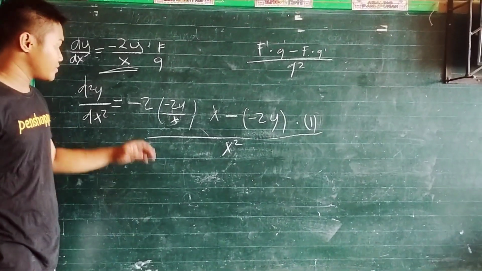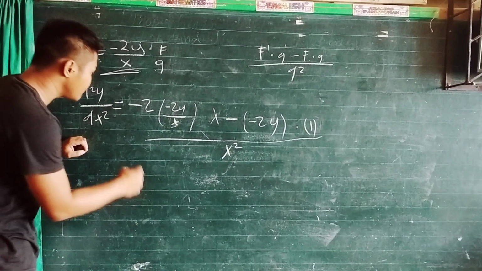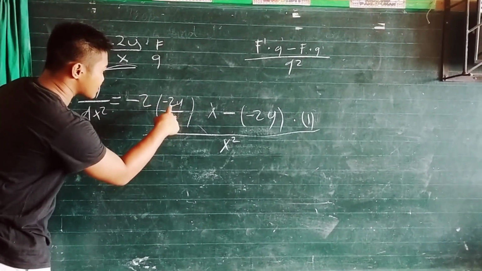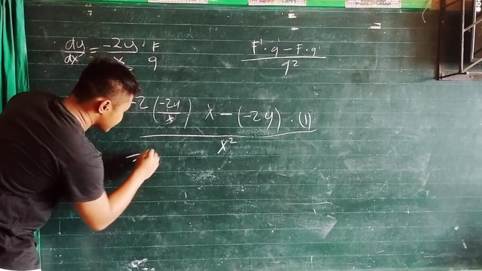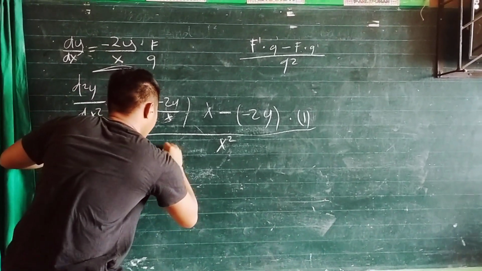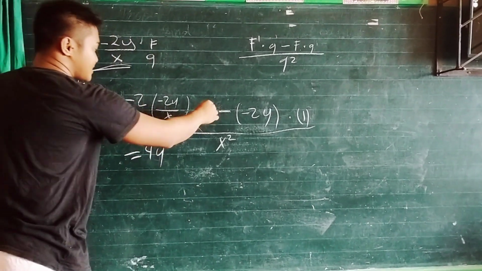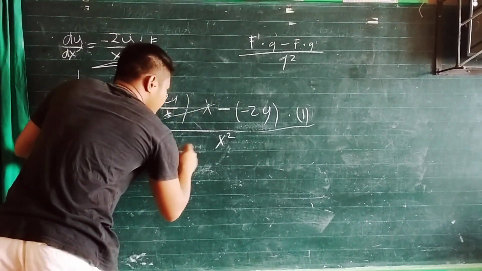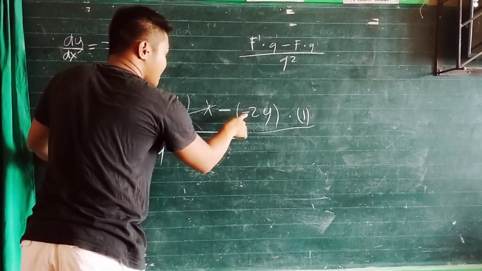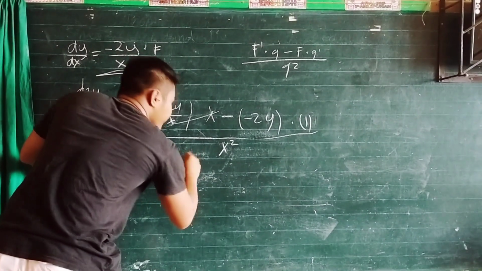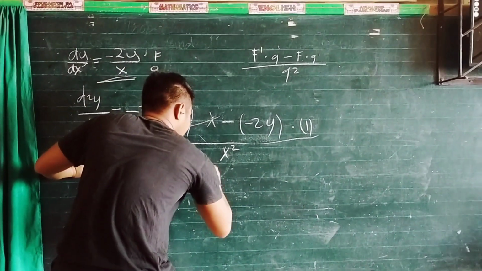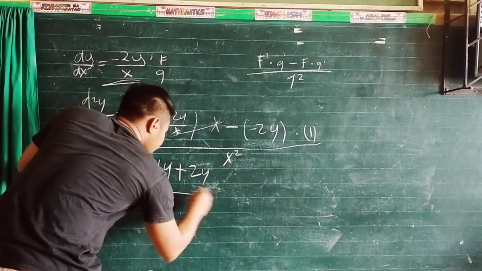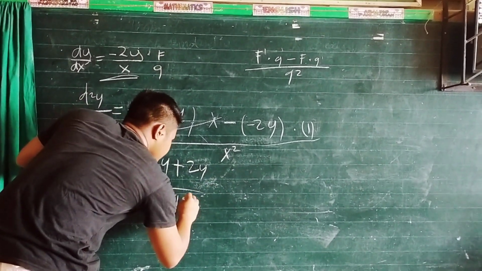So next, we have to multiply this one. Negative 2 times negative 2y is positive 4y. So we can cancel out this one. Negative times negative 2y is positive 2y, multiplied to 1 is 2y also, over x squared.